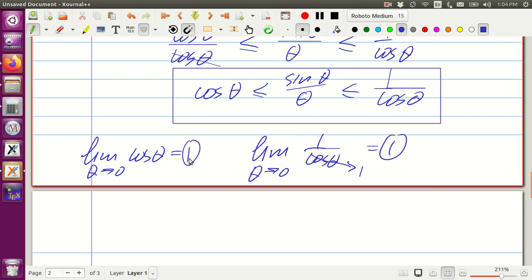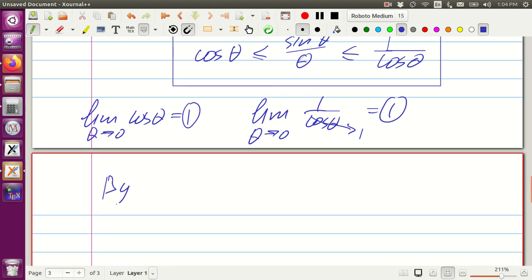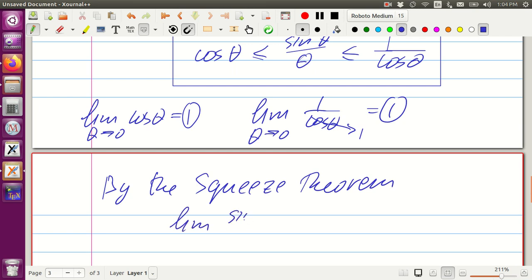Since the limit of the function on the left is 1, and the limit of the function on the right is 1, we can say that by the squeeze theorem, the limit of sine of theta over theta when theta goes to 0 is equal to 1.